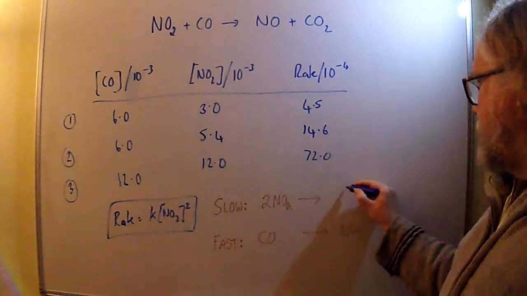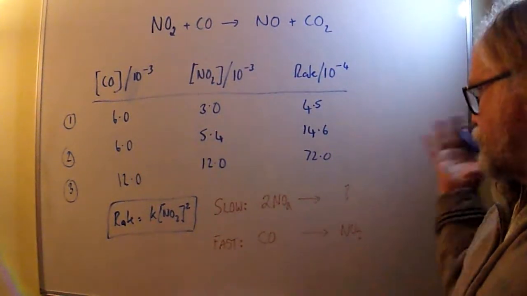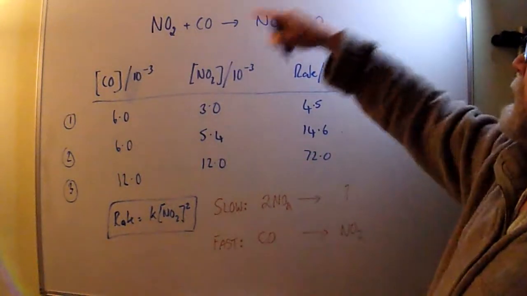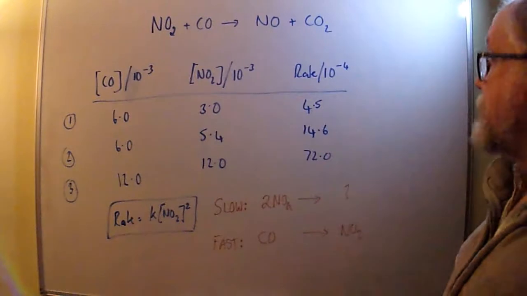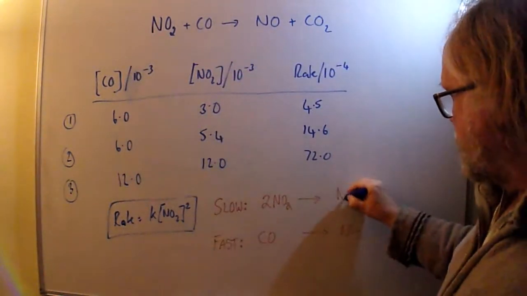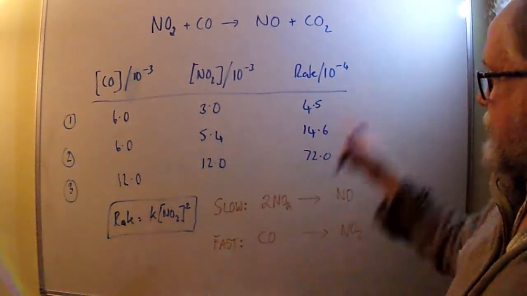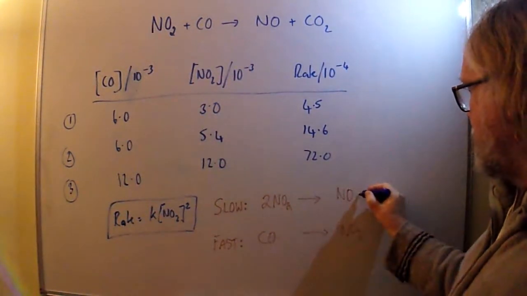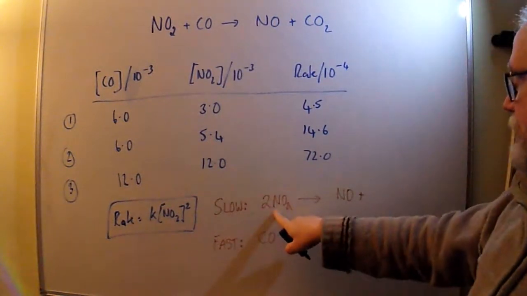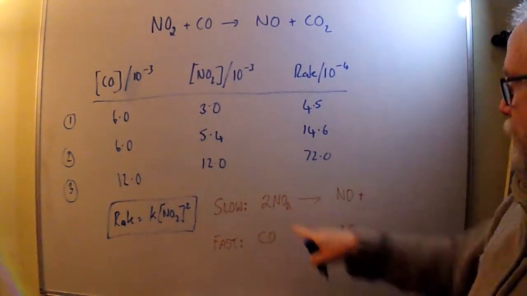So what could be here? And the answer is, well, pretty much whatever you want, but the simplest thing is to see if we can make any of the correct products in this first step. And the answer is, of course, yeah, we can make an NO, because we've got the atoms for that. Obviously can't make CO2 because we haven't brought the carbon in yet. So if we have NO, what does that leave? Well, 2 NO2s is 2 nitrogens and 4 oxygens.